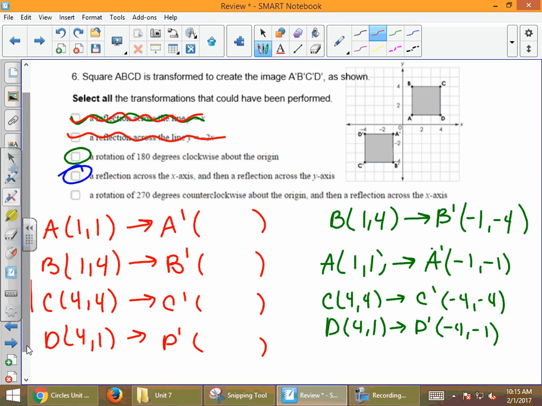So when we flip 1, 1, it becomes 1, 1. Change the sign of the second. Flip 1, 4, becomes 4, 1. Change the sign of the second. Flip the point. Change the sign of the second. And flip the point. Change the sign of the second.